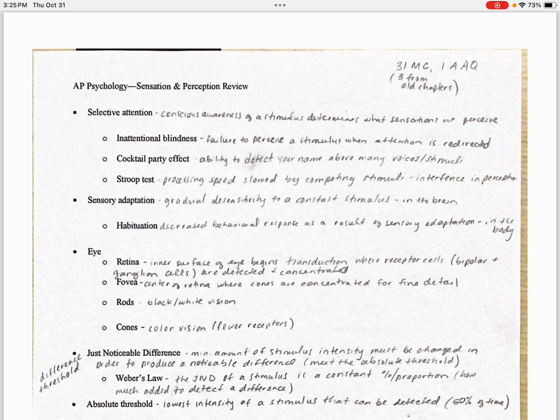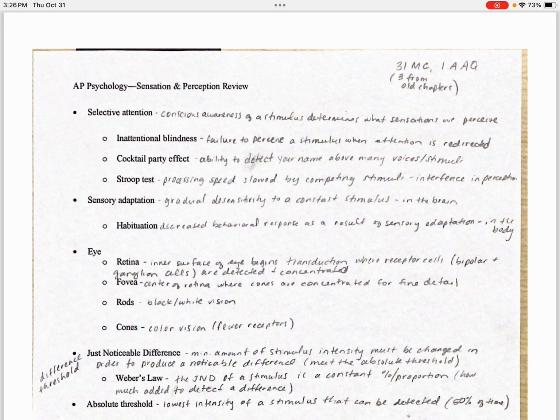Habituation. This is a decreased behavioral, you should probably underline that word behavioral, a decreased behavioral response as a result of sensory adaptation. So when we have this constant stimuli being thrown at us, if you will, we stop responding. And so let's say, I think smell is one of the easiest ones.